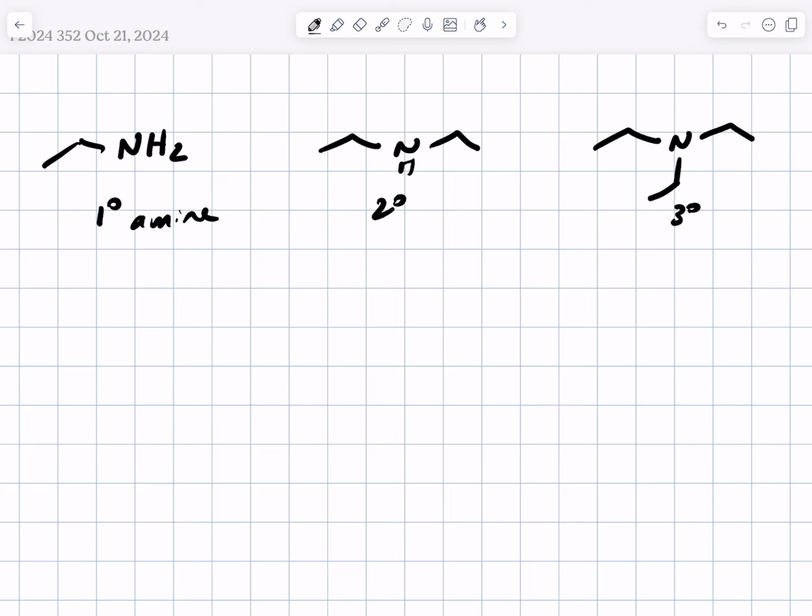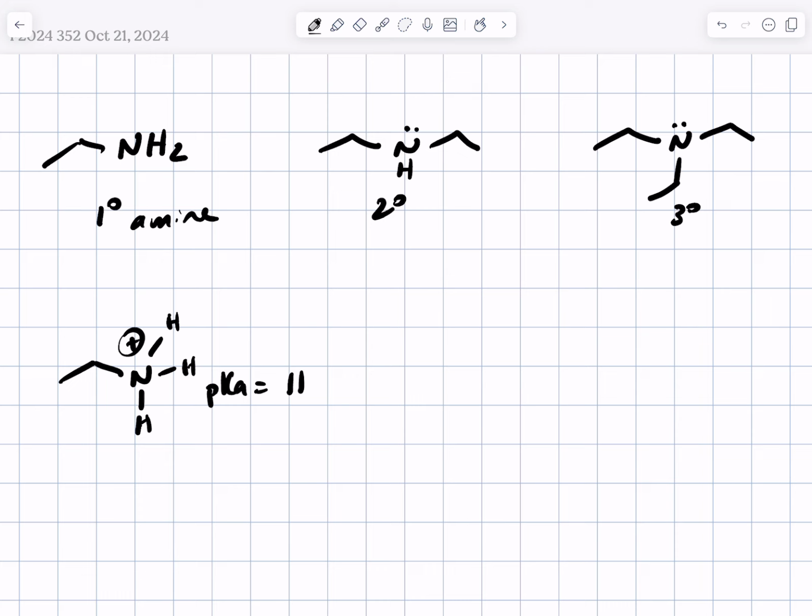Amines are both nucleophiles and bases. The conjugate acid of amines are ammonium ions, and you're used to thinking of ammonium ions from your pKa table as having pKa's in the range of around 11, and so at physiological pH, amines are often protonated.